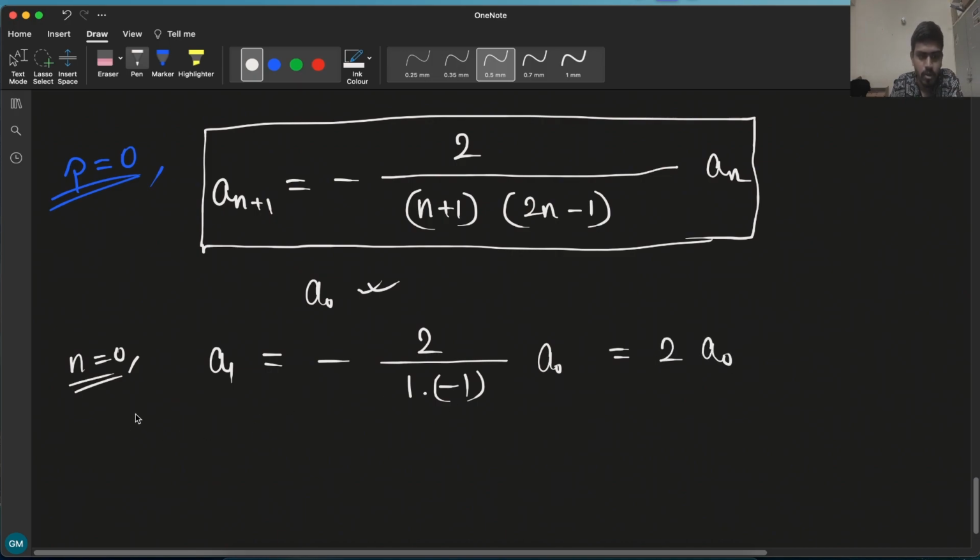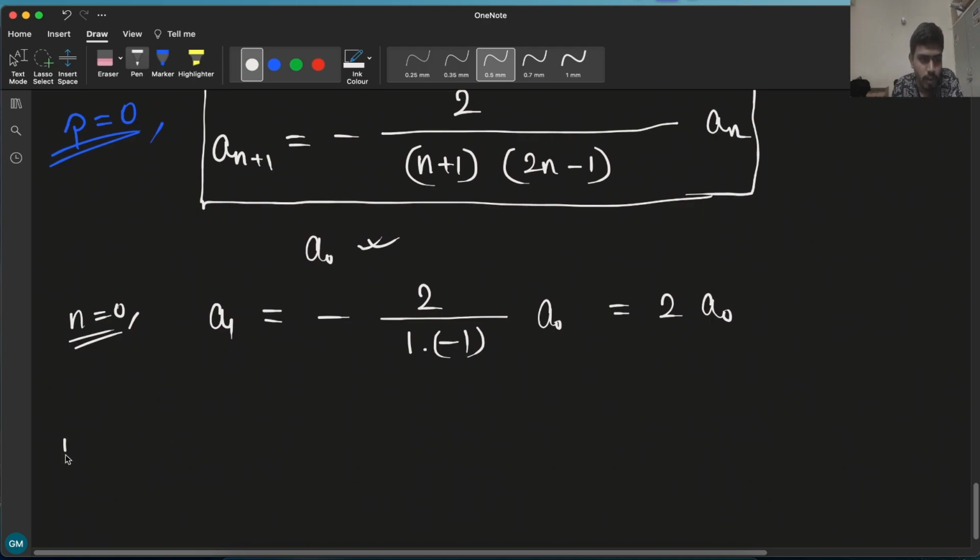Okay, this is a1. If I put n equals to 1, then the recurrence relation says that it will give me a2, which equals to minus 2 divided by, so n equals to 1, that means it is 2 times, so twice n is again 2 minus 1, that is 1 times a1.